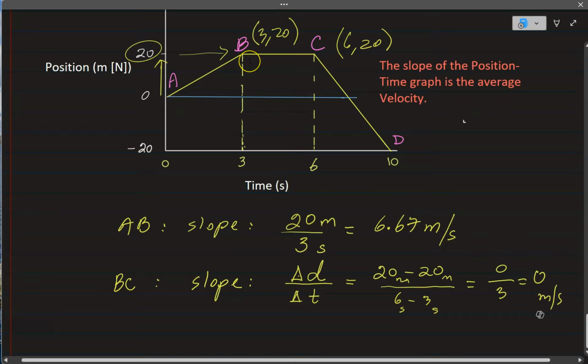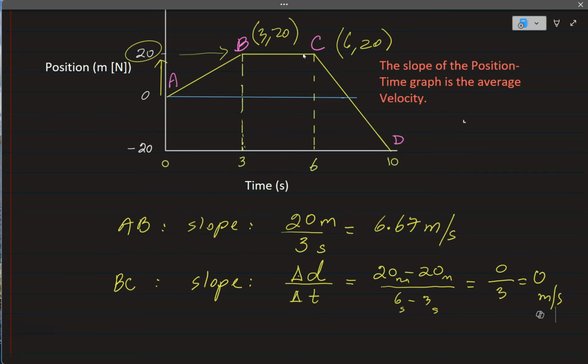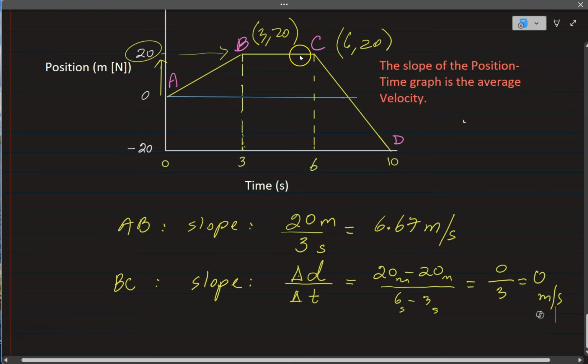He started moving from point A at 0 seconds, moved to position B, then took a rest for 3 seconds, maybe at an intersection or a stop sign, and had to wait for 3 seconds. Now let's deal with CD. We're going to calculate the slope of CD, and that becomes the average velocity for that one.